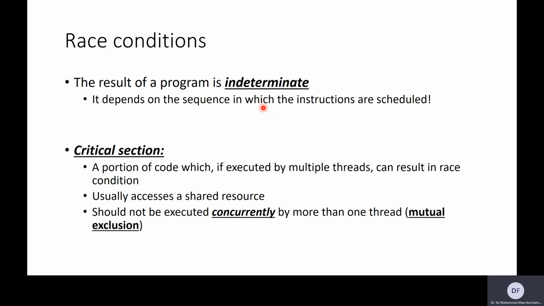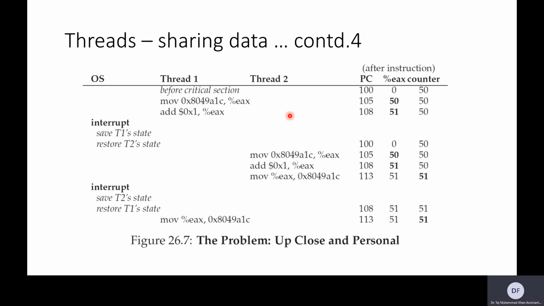If we go back to this slide, if the sequence order was different and this move instruction happened before the context switch, then thread T1 would have stored the value 51 in RAM, and thread T2 would have read the value 51 and incremented it to 52. The final result then would be 52, which would be correct.